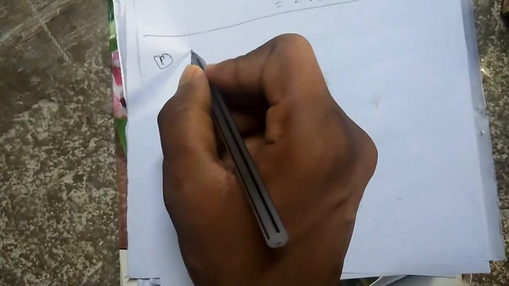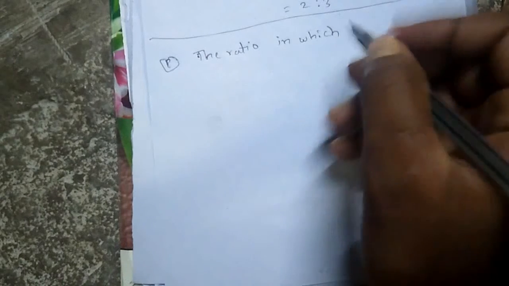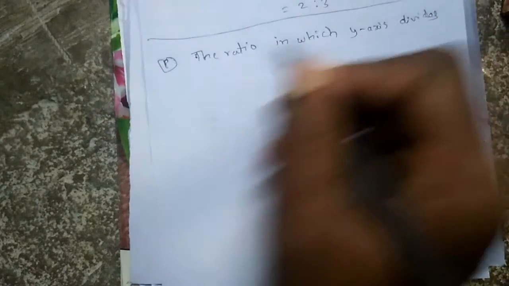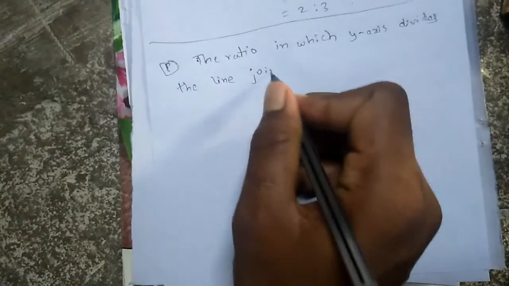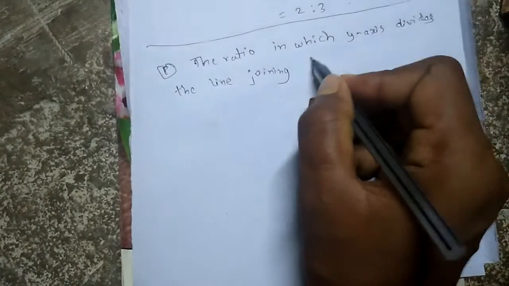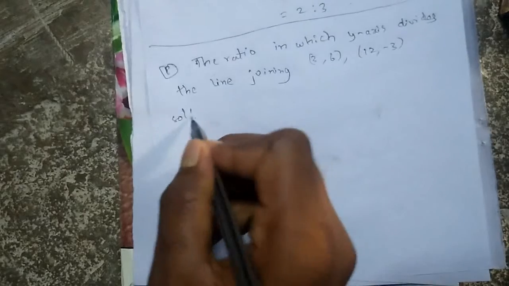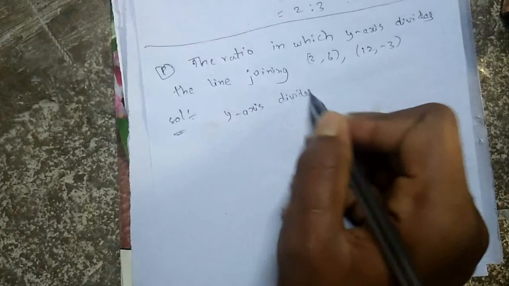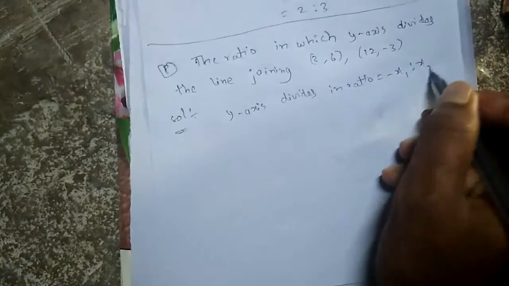Our next problem is the ratio in which the y-axis divides the line joining (3, 6) and (12, minus 3). So the y-axis divides in the ratio minus x1 is to x2.